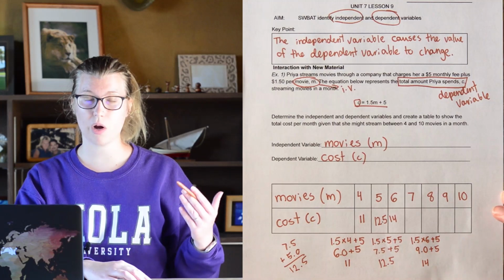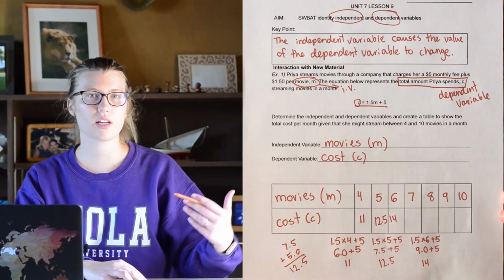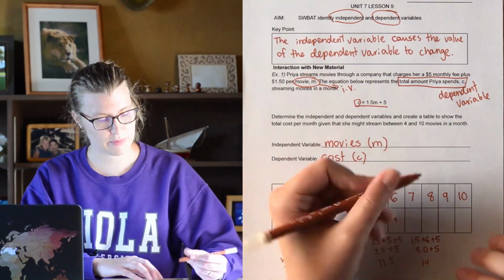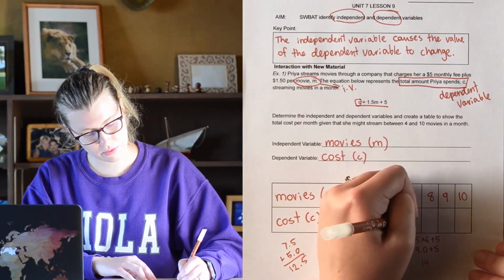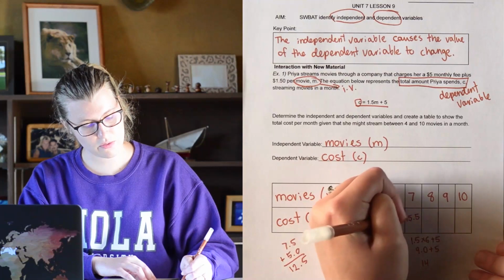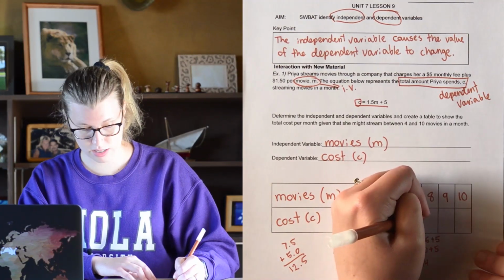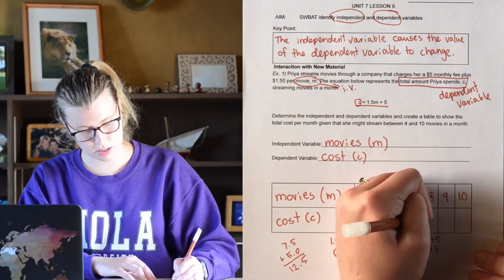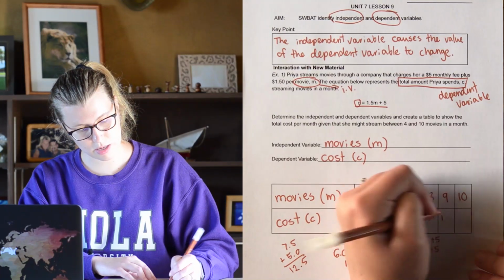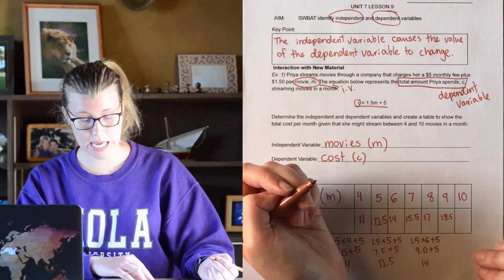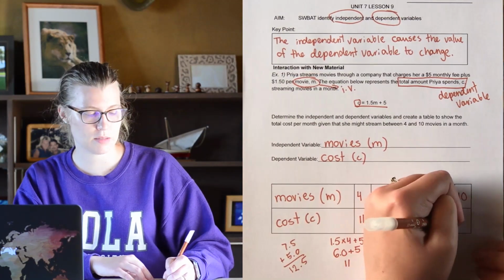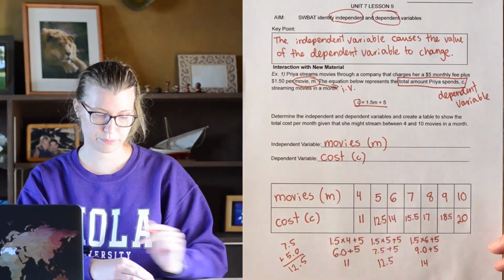I can just remember, oh yeah, I'm watching an extra movie. It's going to cost an extra $1.50. So not $14, this is going to cost $15.50. 8 movies plus another $1.50 is going to cost me $17. This is going to cost me, what is that, 18.5. And finally, 10 movies is going to cost me $20.